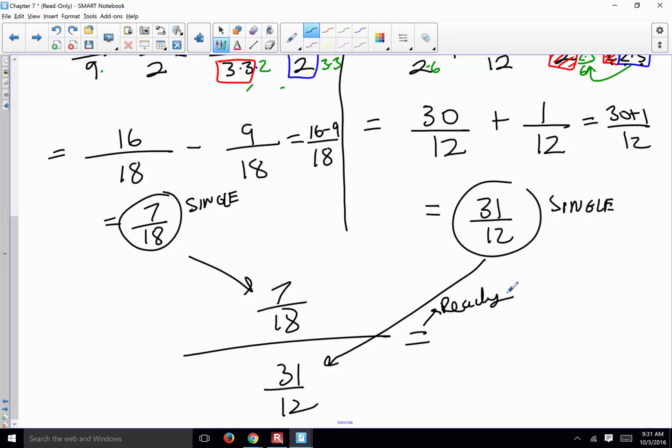Ready to multiply by the reciprocal. Flip the bottom and multiply with the top. So again, top doesn't change. 7 over 18. We turn the division into multiplication with the reciprocal of the bottom. 12 over 31. Okay?